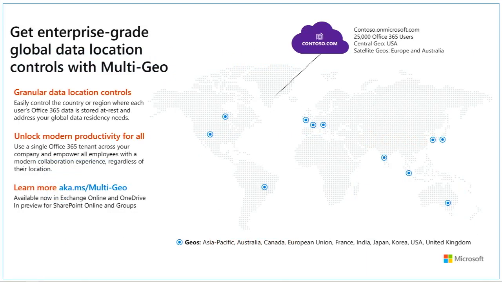Now this is an example of a multi-geo. In this case, Contoso is a global organization with around 25,000 users: 15,000 users in the USA, 5,000 in Europe, and 5,000 in Australia. You can configure it like that. All the USA data is going to be in the data centers in the USA, and the Europe users' data will be in Europe. Currently, we are enabling 10 geos where you can pick and select which user belongs to which area, and then enable those capabilities.